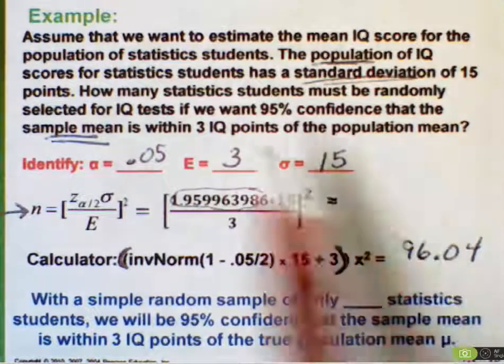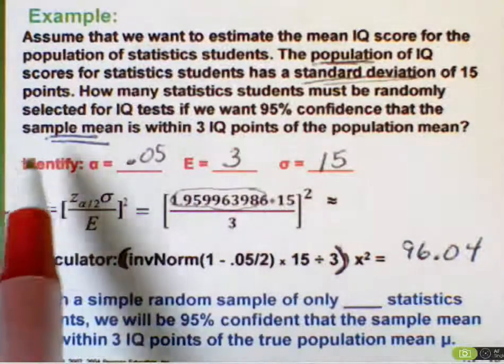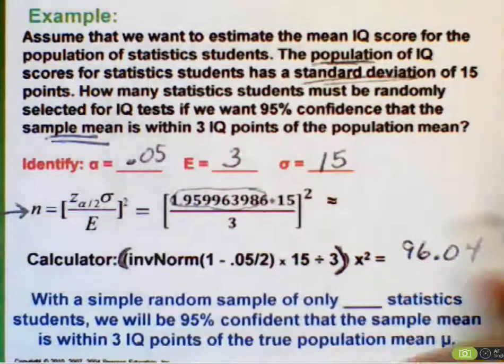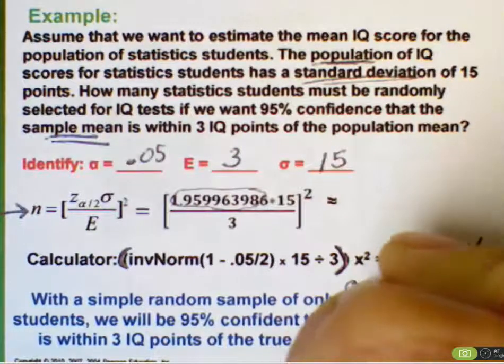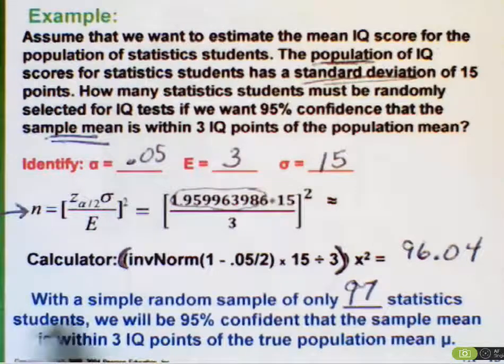If I want to be 95% confident, then I need to round my sample size to 97. And with a simple random sample of 97 statistics students, I can be 95% confident that the sample mean is within 3 IQ points of the true population mean.